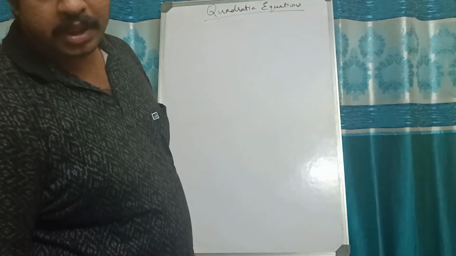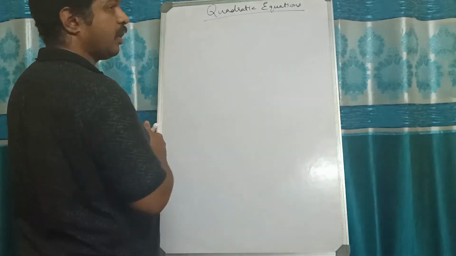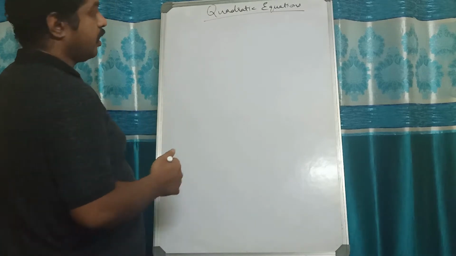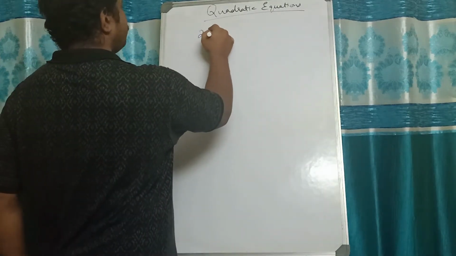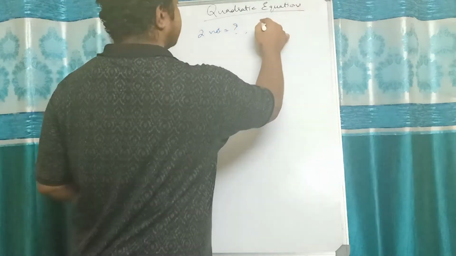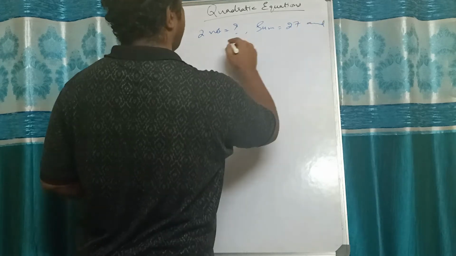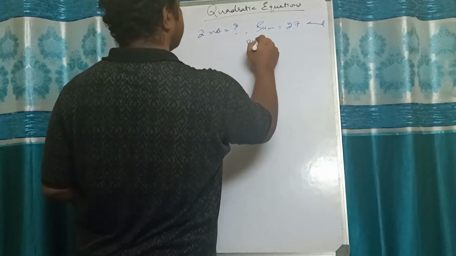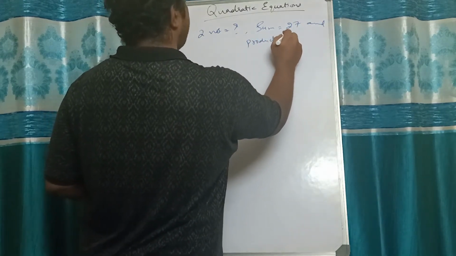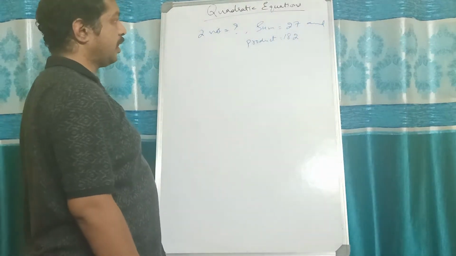Find two numbers whose sum is 27 and whose product is 182. Right. We need to find out two numbers, so that their sum is 27 and whose product is 182. So this is one kind of application based problem, right?